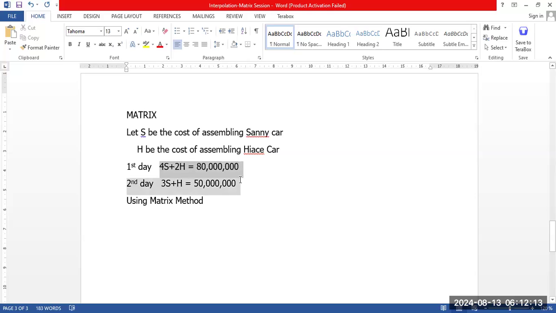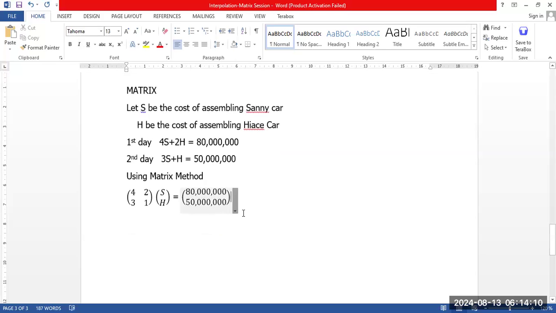These are your 2 equations. You need to form a matrix. That is our matrix. Number 1, we have formed the matrix. Then the next step is to know that as you solve this, you will use the inverse. You will need to get the inverse.